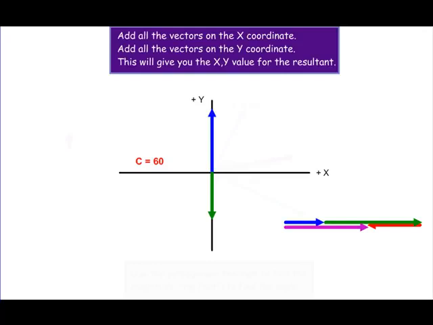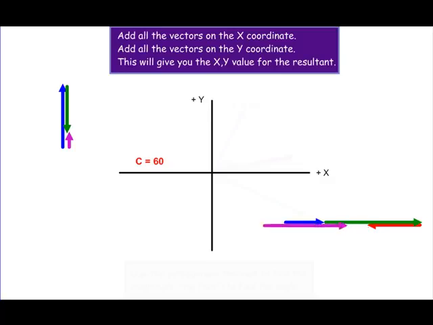Now let's add up all the vectors acting in the y direction. Let's take the y component of vector A, and the y component of vector B is negative, so that has to be subtracted. So let's go ahead and show that being subtracted. So the sum of these two vectors then is this little vector here, as shown. These two vectors are the legs of a right triangle that define the resultant.